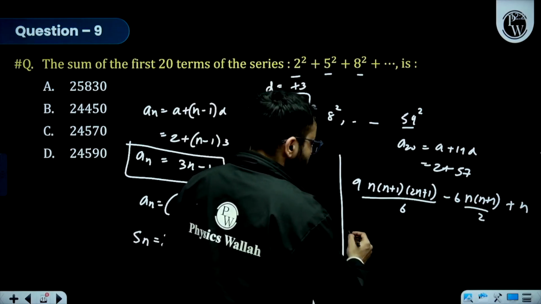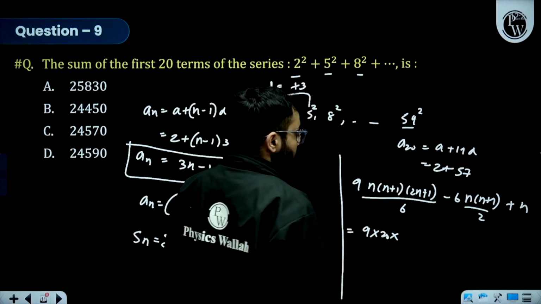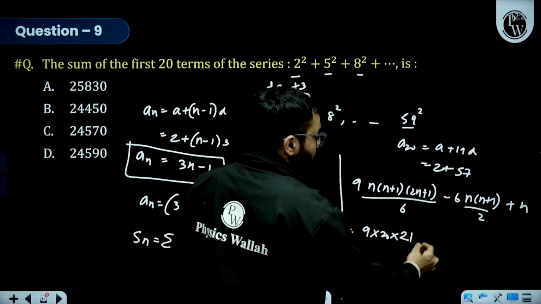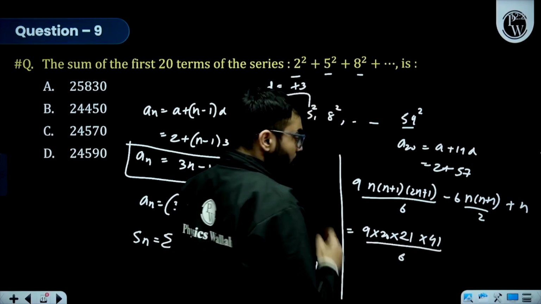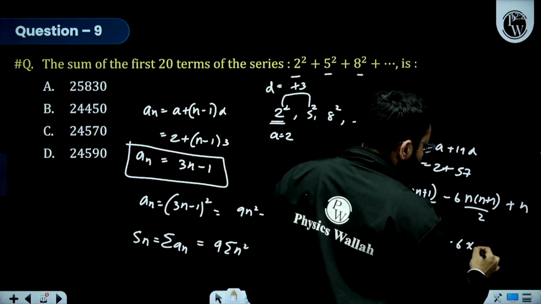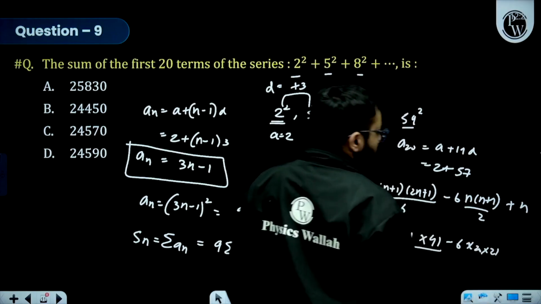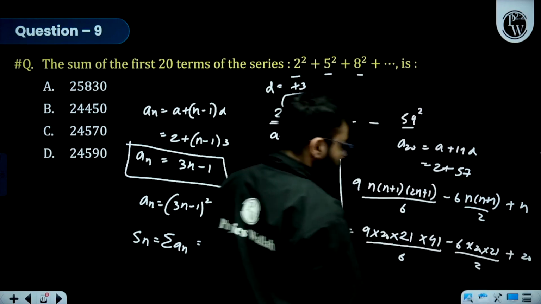So let us substitute that value. This becomes 9 into 20 into 21 into 41 upon 6, and minus 6 times 20 into 21 upon 2, and plus 20.